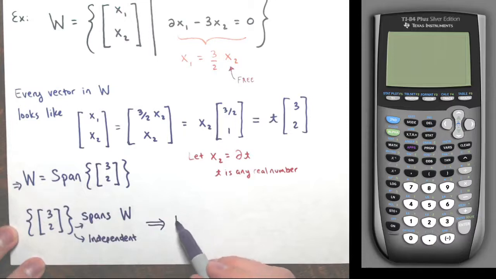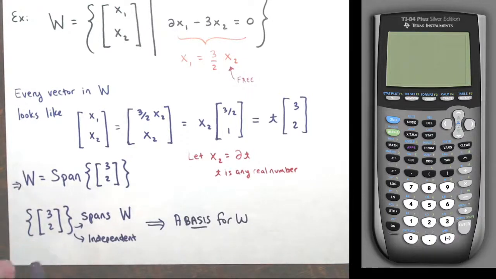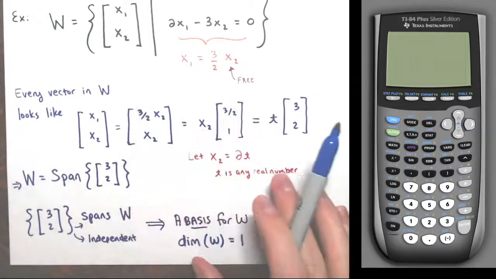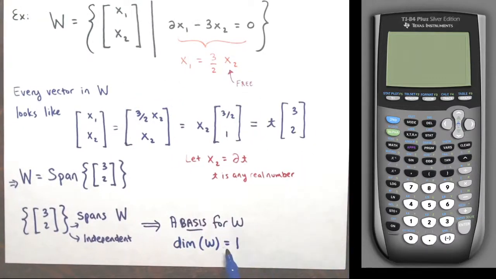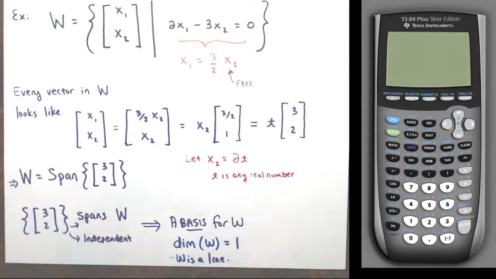So this is a basis for W. And if this set with just one vector is a basis for W, then the dimension of W is equal to 1. So this is a one-dimensional vector space. And a one-dimensional vector space in Euclidean space would basically trace out a line that goes through the origin. So again, W is a line. Cool.